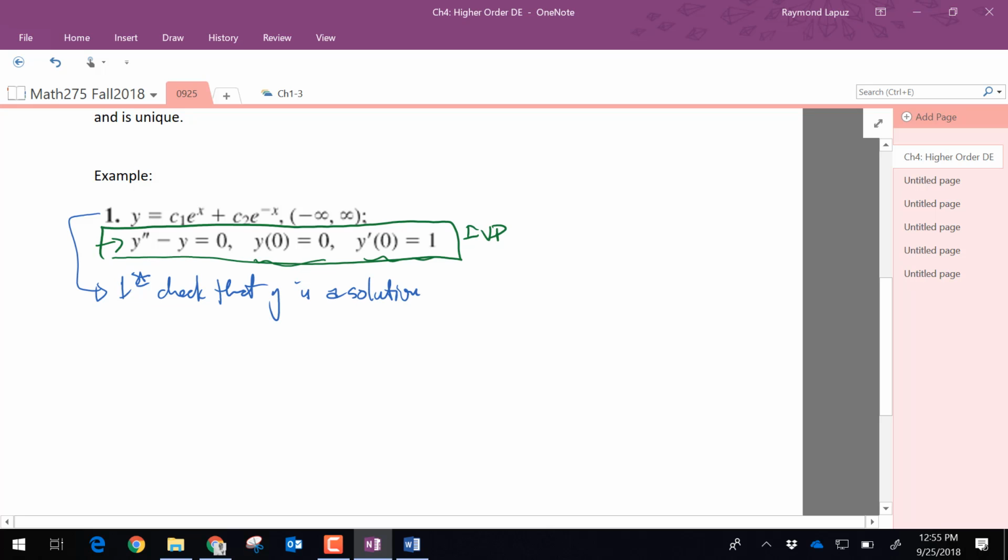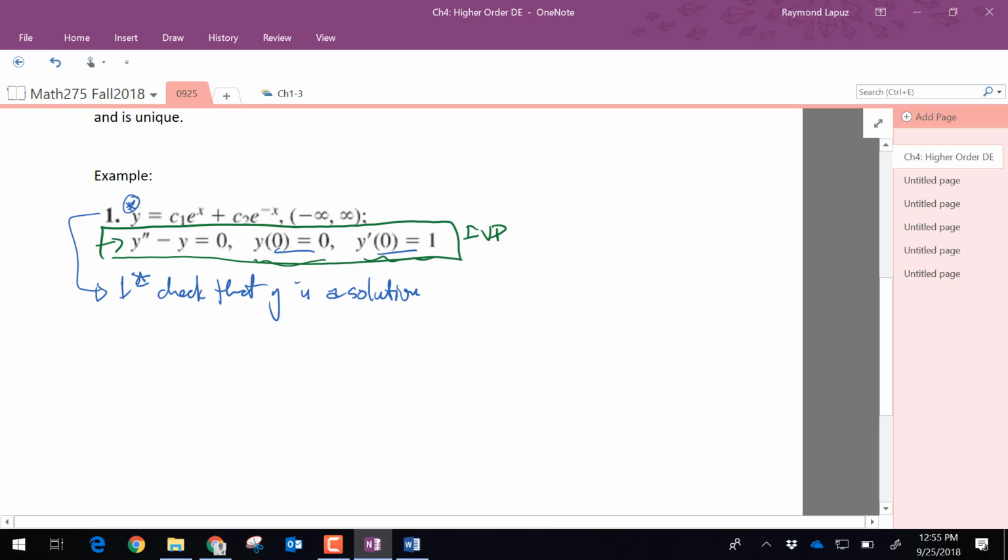So let's do that as a first check. For this particular problem, we want to find a particular solution that would fit this initial value problem, that would fit these two initial conditions. And so they're giving us the answer already, which later on we'll actually find ourselves. But for now, they're giving us the answer.